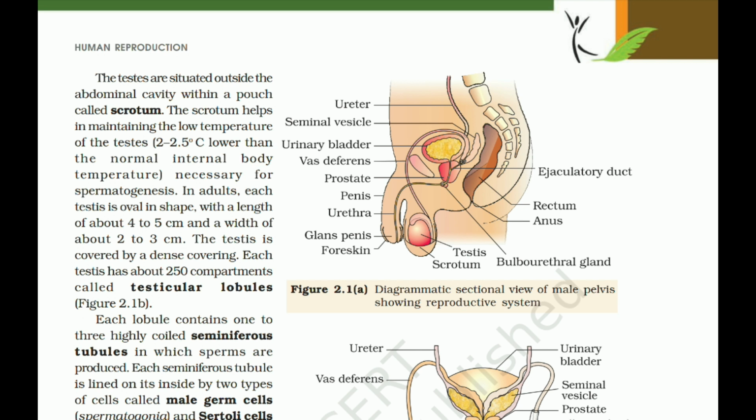Figure 2.1a. Diagrammatic sectional view of male pelvis showing reproductive system. Ureter, seminal vesicle, urinary bladder, vas deferens, prostate, penis, urethra, glans penis, foreskin, testis, scrotum, bulbourethral gland, rectum, anus, ejaculatory duct.